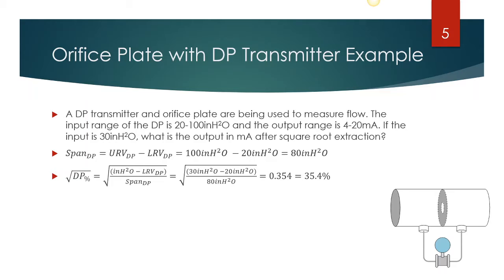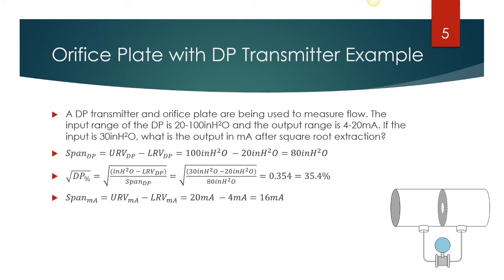Now we have a square root transfer function. So we have to take the square root of that differential pressure percent. And when we take the square root of that, we get 0.354 or 35.4%. That is what percentage of the range on the output that we are going to be operating in. So that's the first step in us figuring out what our output is.